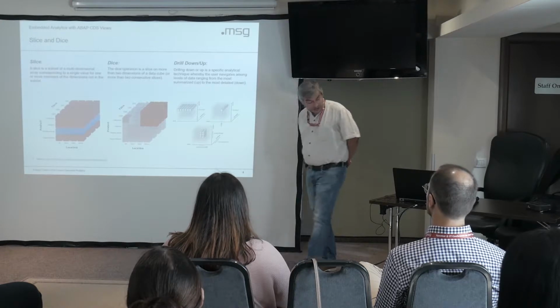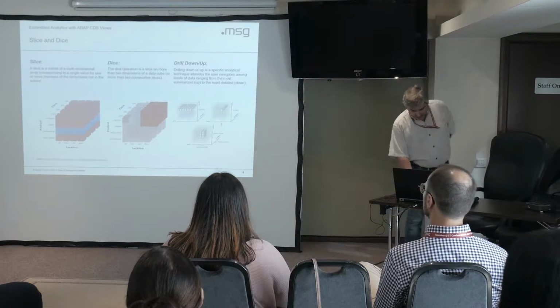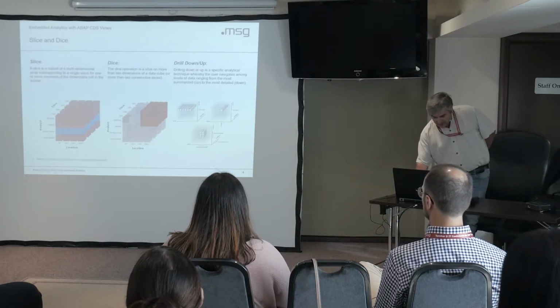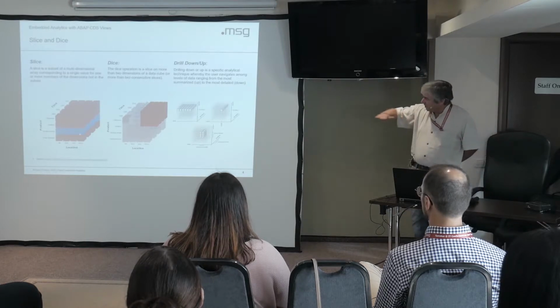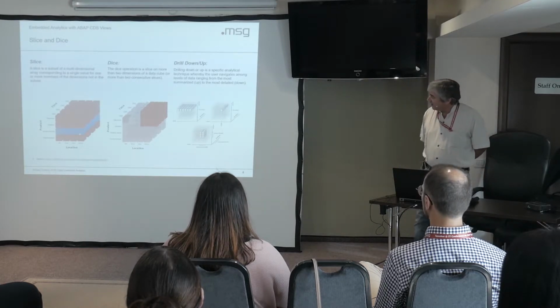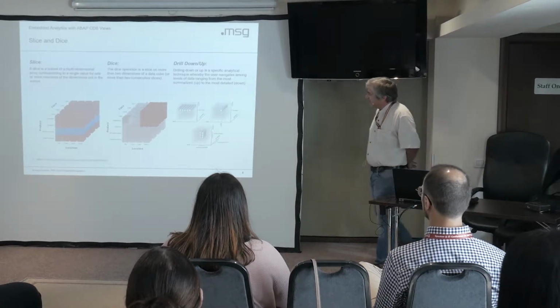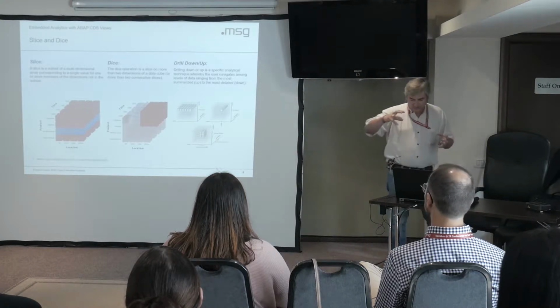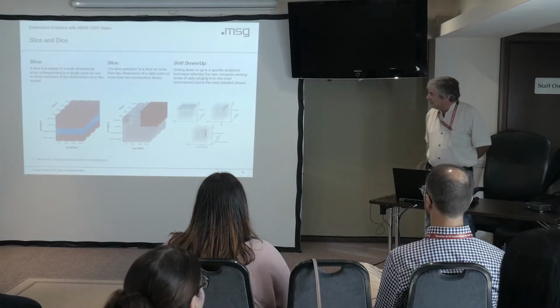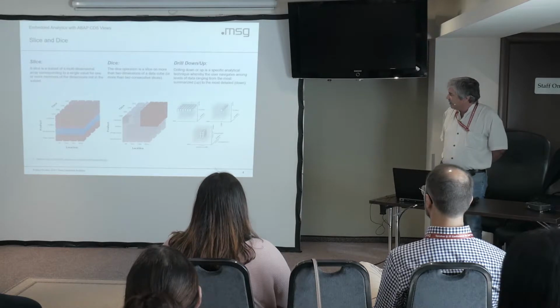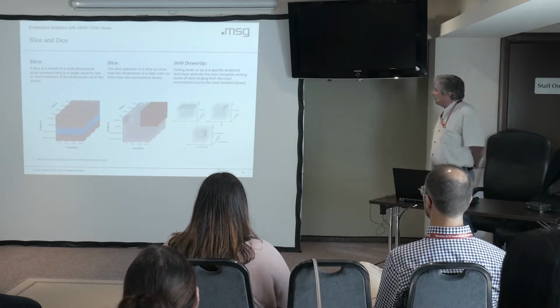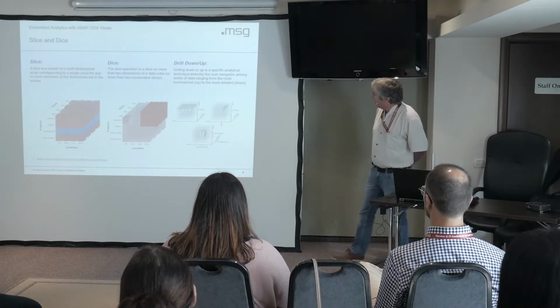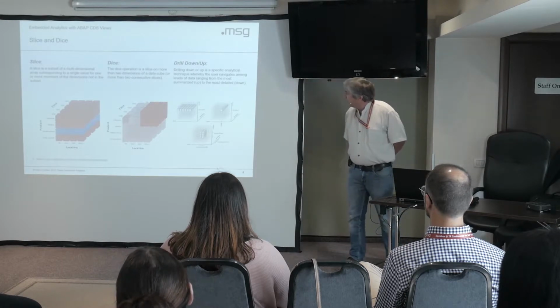For example, on the left side here, you can take one dimension and take it into analysis, or if you want to dice it, you can take a very special subset of this cube and go into detail. So drilling up and drilling down is also a strength of the cube.